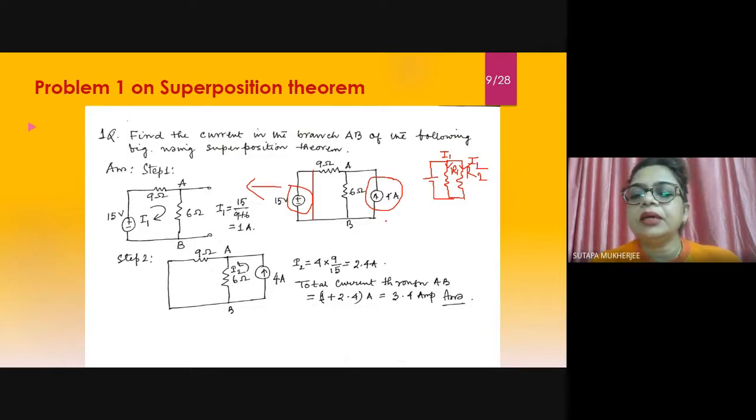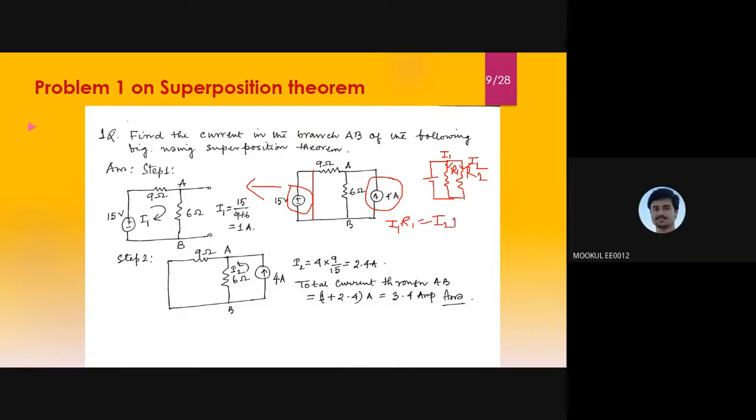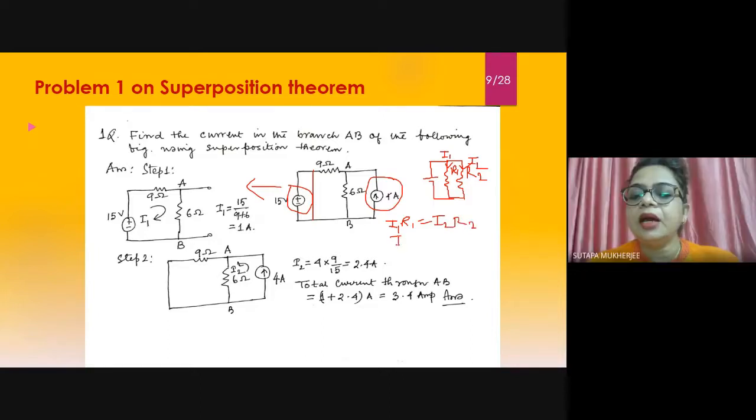So I1 R1 equals I2 R2. You can write I1 by I2 equals R2 by R1.